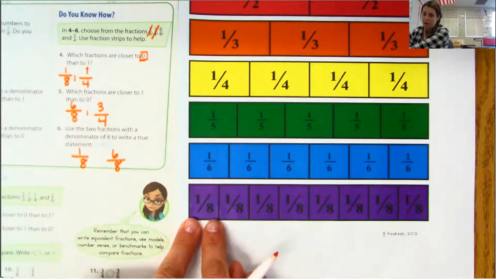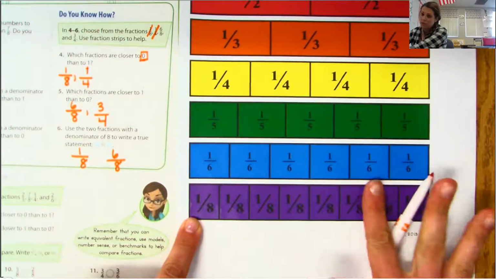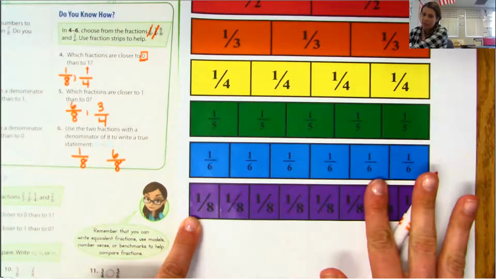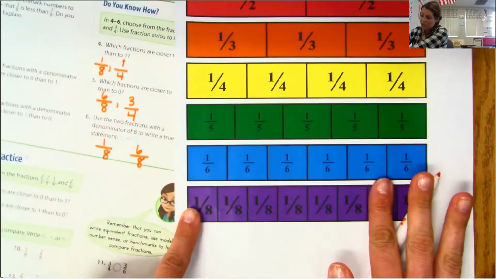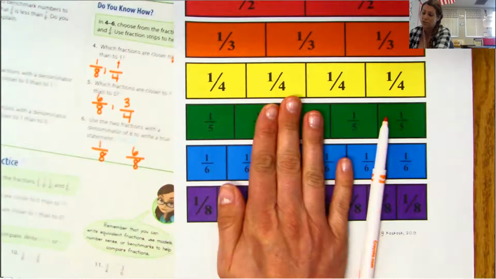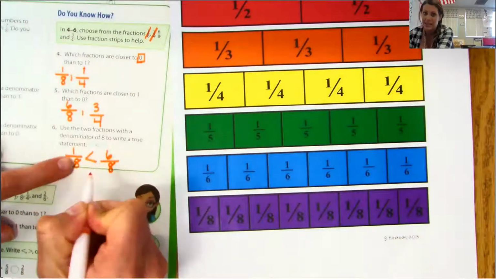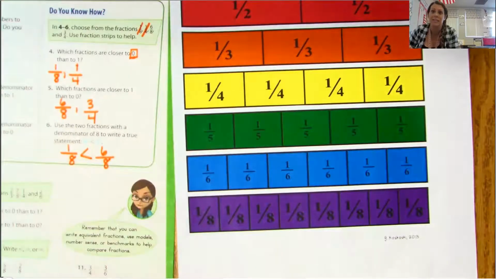That's pretty small, right? 6/8 would be 1, 2, 3, 4, 5, all the way to here, right? I would rather have this much cake than just this itty bitty piece. Do you agree? So 1/8 is less than 6/8. 6/8 is the bigger fraction.